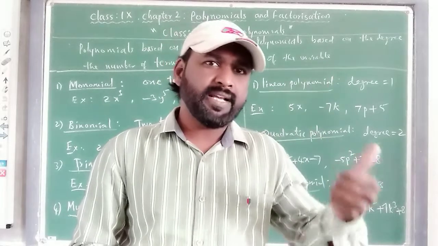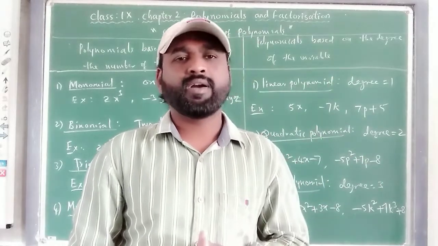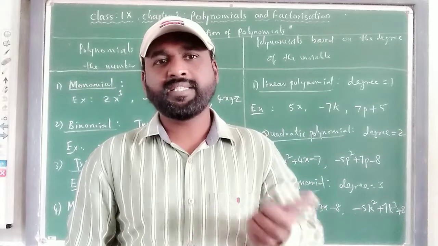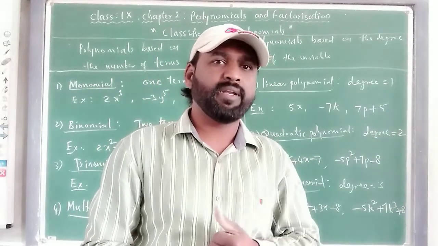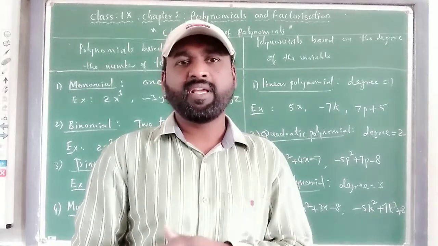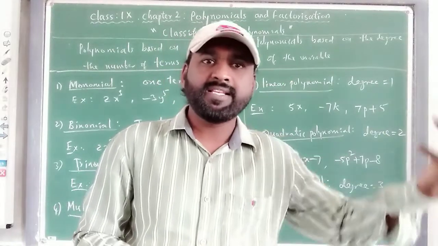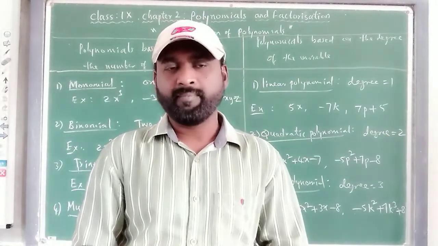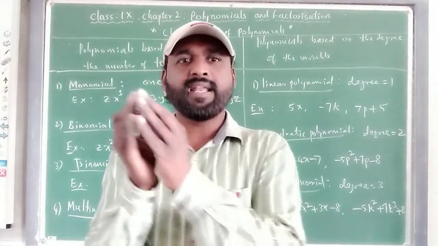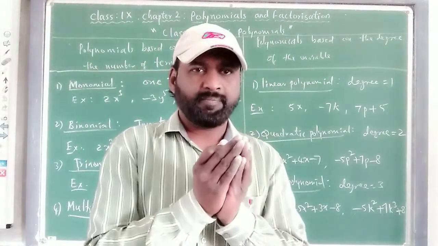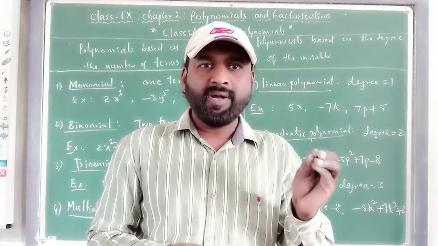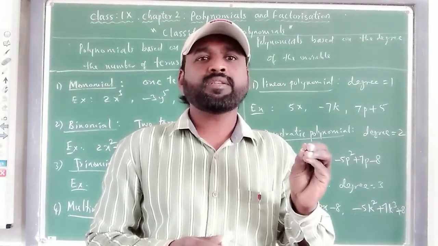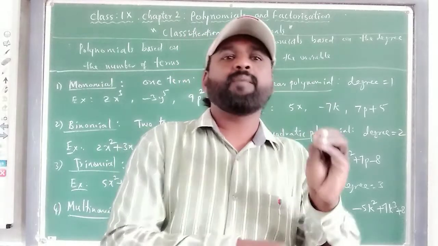If the highest degree is 2, that is called a quadratic polynomial. If the highest degree is 3, that is called a cubic polynomial. If the highest degree is 4, 4th degree polynomial. If 5, 5th degree polynomial. If n, nth degree polynomial. Now, degree and the number of terms also have a relation. Whatever the degree is, at most that degree plus 1 number of terms will be there.